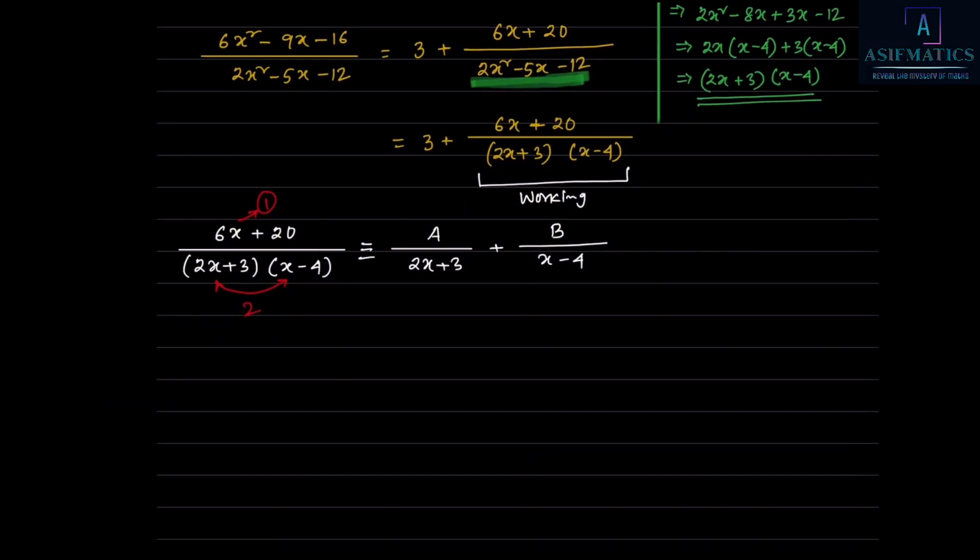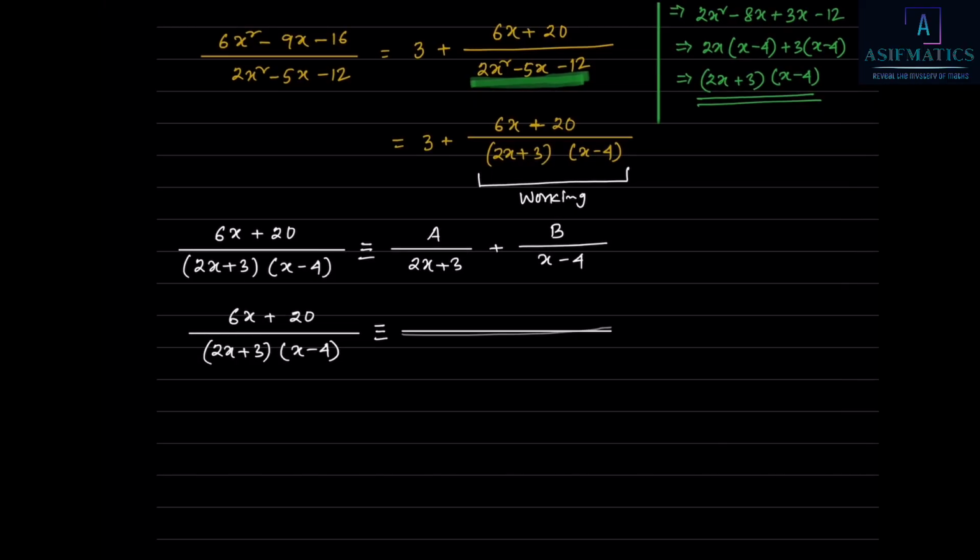Okay, then we can write it here as 6x plus 20 divided by (2x plus 3)(x minus 4) is identical to a into (x minus 4) plus b into (2x plus 3) over (2x plus 3)(x minus 4).